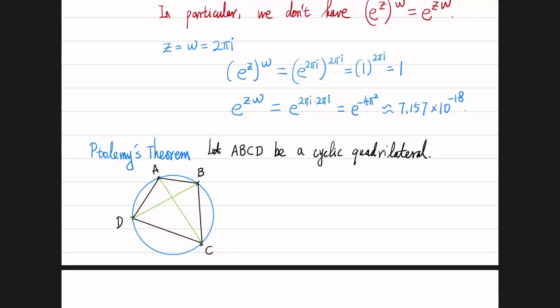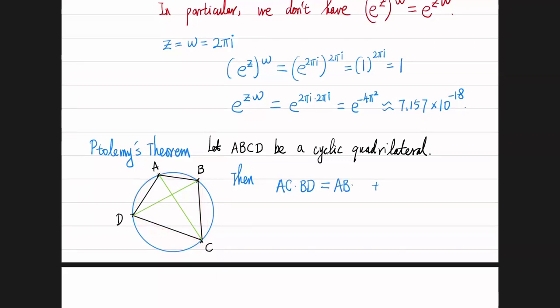Then Ptolemy's theorem states that the product of the two diagonals is the summation of the products of the opposite sides: AB times CD, plus AD times BC.